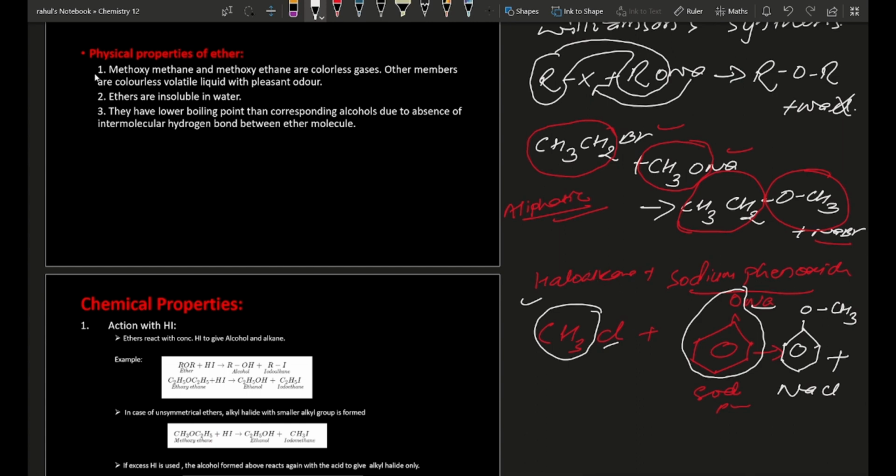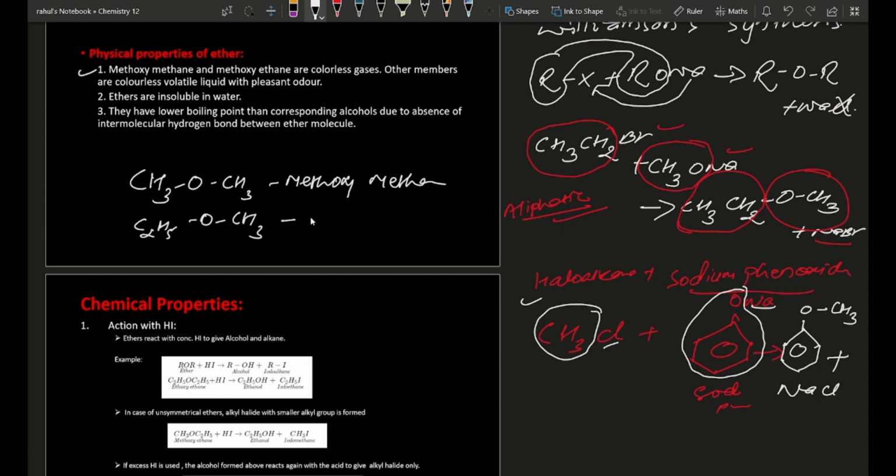Now talking about the physical properties of ether. So ether generally हामीले methoxymethane, that is CH3OCH3, methoxyethane. So एकतिर C2H5OCH3.